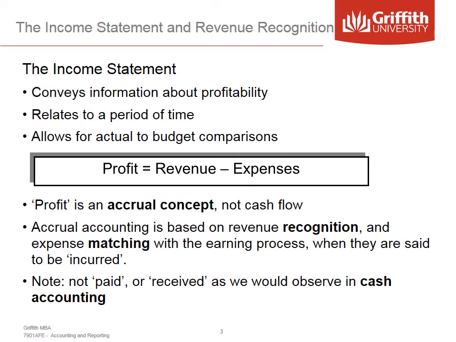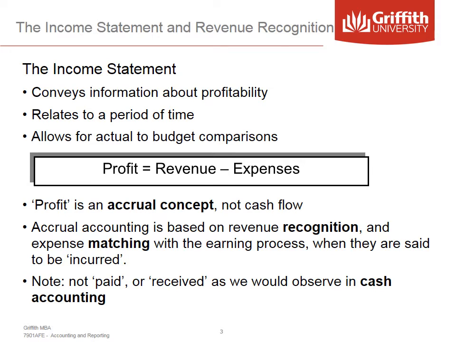And when we do that, we ask the question, did we achieve what we thought we were going to do? Or was it different? And if so, why was it different? It's a control mechanism. So being able to record this profit from trading in a direct sense allows us to get a control instrument for managing the operations of the business.